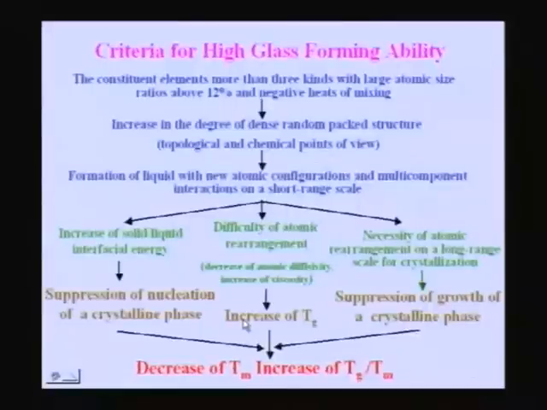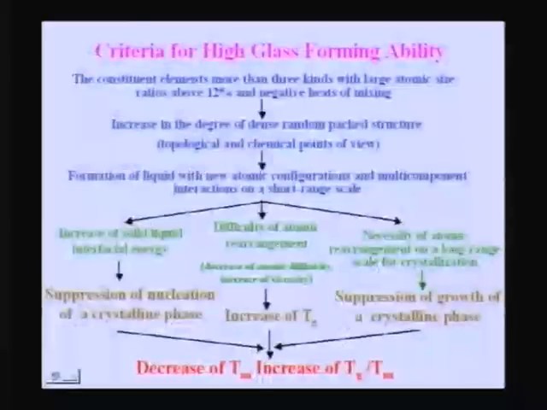Okay, glass forms more easily. That means when you are cooling the liquid, the glass can easily form because viscosity is much higher. I have shown you a viscosity versus temperature plot once in the beginning, and you can see that if the viscosity of a liquid is much higher, then glass formation is achieved much more easily.